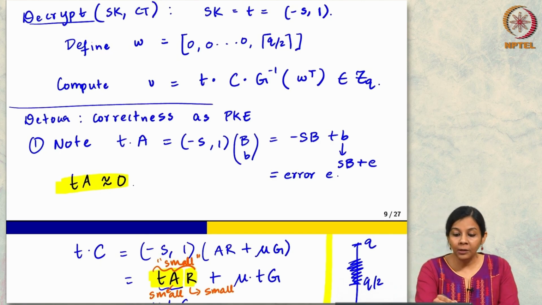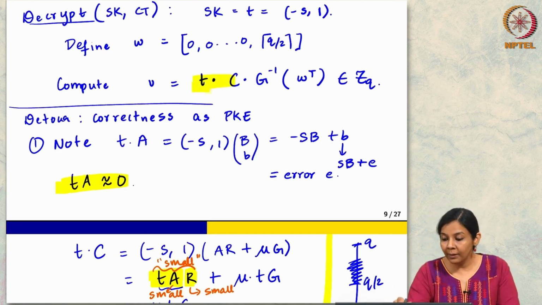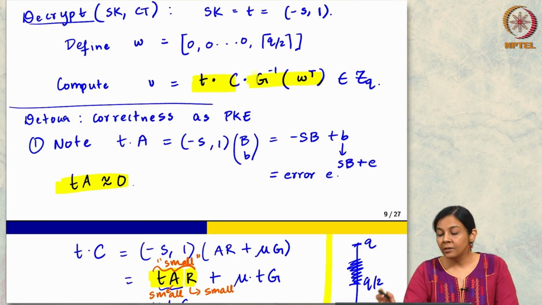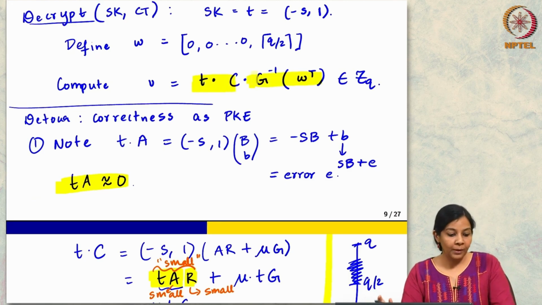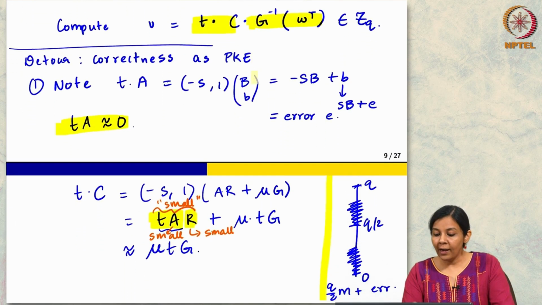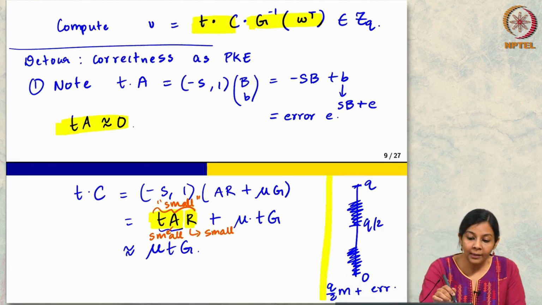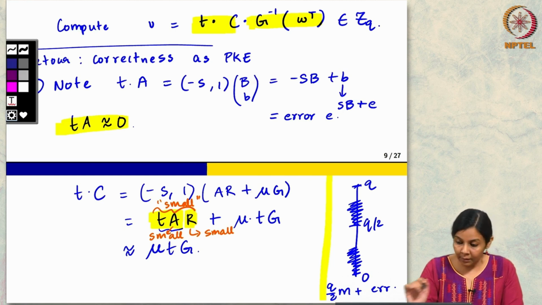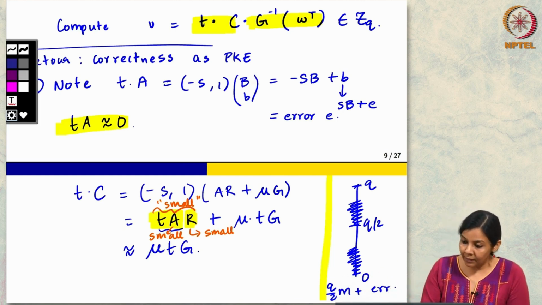Let us now go back to the decryption process. What was it doing? It was computing t times c times g inverse w. So far we have only analyzed what t times c is. Now let us look at the remaining terms in decryption.